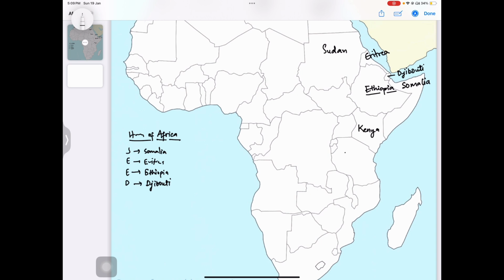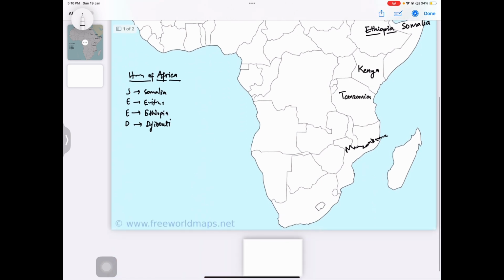To the south of Kenya is Tanzania. Then this one here is Mozambique. Then this one is South Africa. This one is Lesotho.